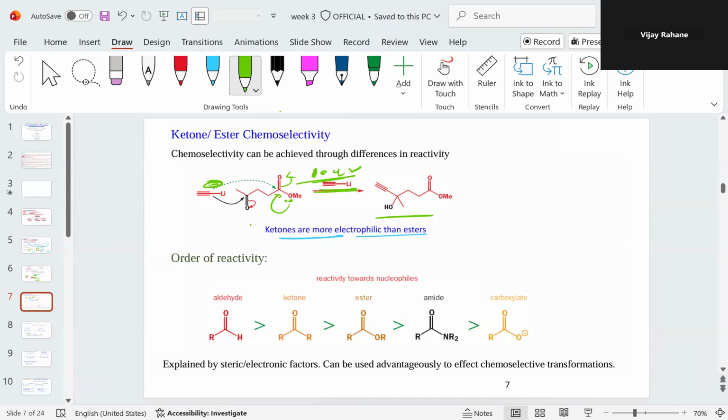And if you look at the reactivity order of these carbonyl compounds, the aldehydes are more reactive than the ketones, and then the esters, amides, and the carboxylate anion. So you can keep in mind this reactivity order for these different carbonyl compounds, which will help you to solve many problems, maybe in the competitive exam or also in this course.